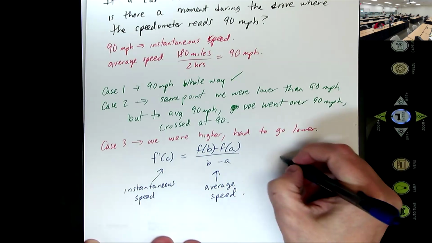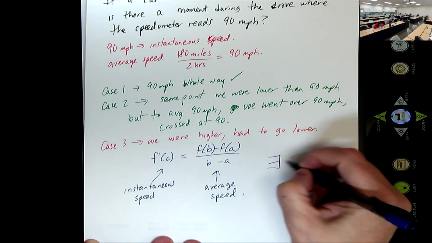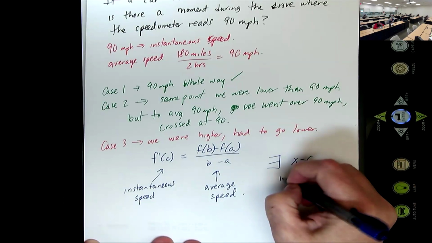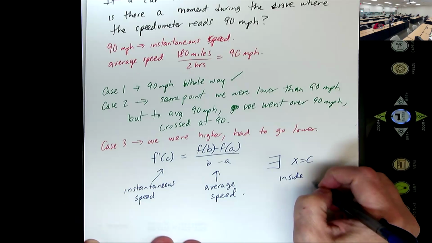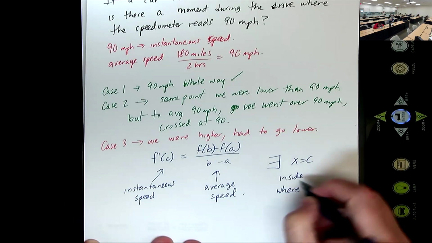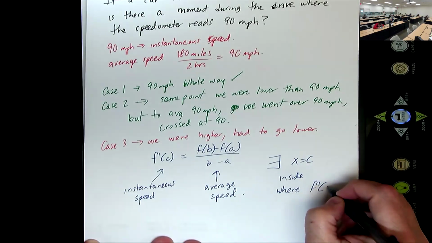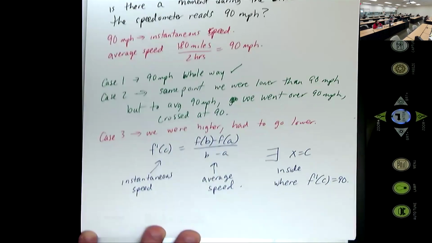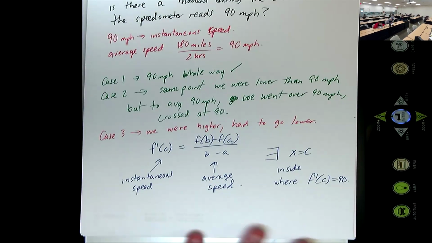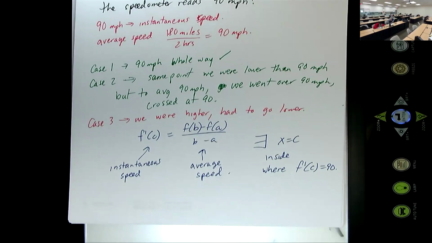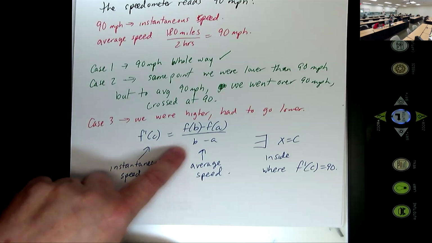So there is a C inside where f prime of C was 90, just by filling in these two values.